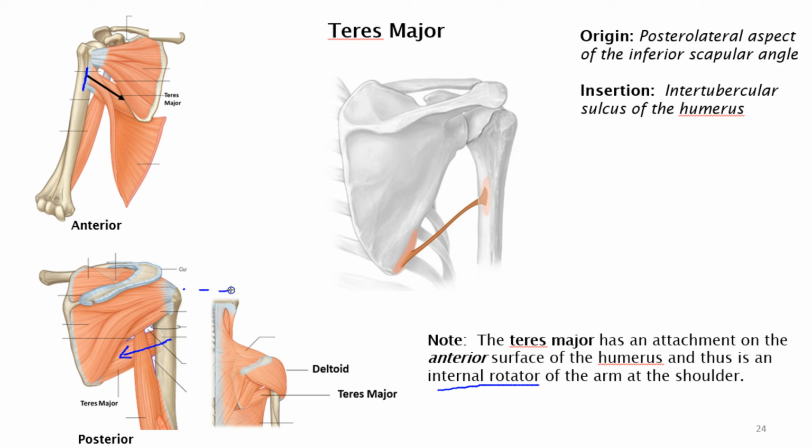So if this arm was abducted already, it certainly would be a nice strong adductor. Or if this person was flexed, it would be a strong extender of the shoulder, of the humerus at the shoulder joint.